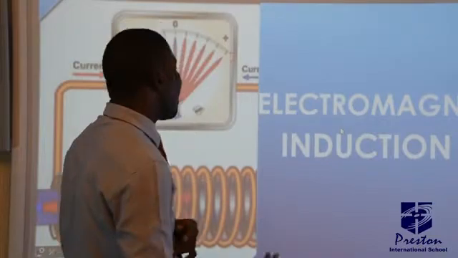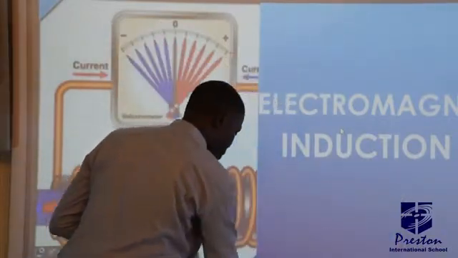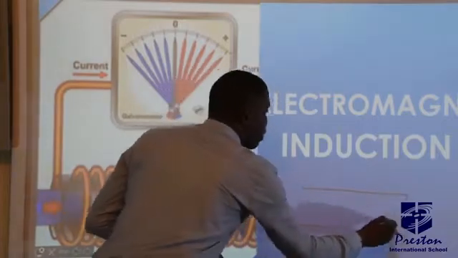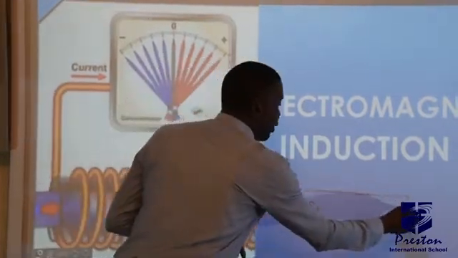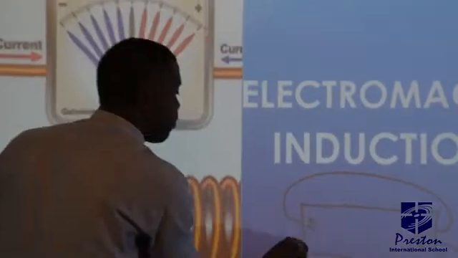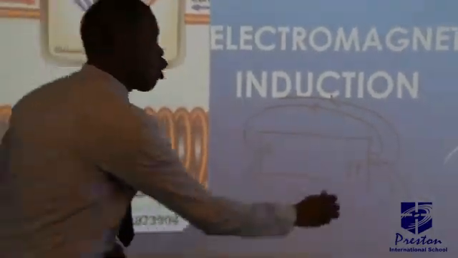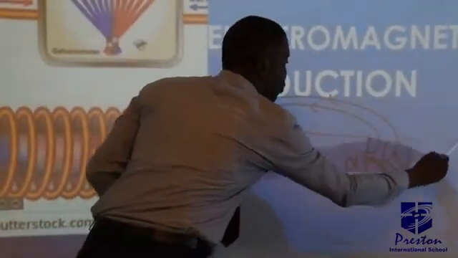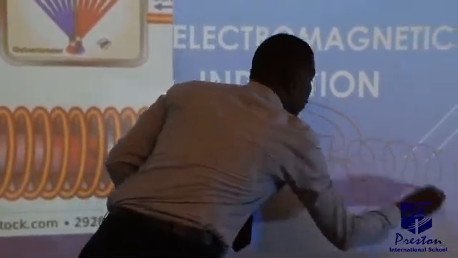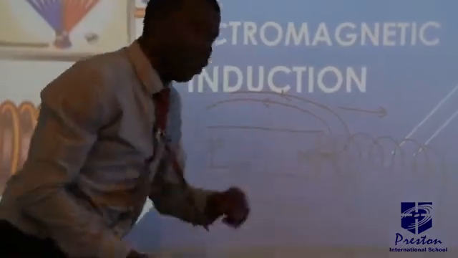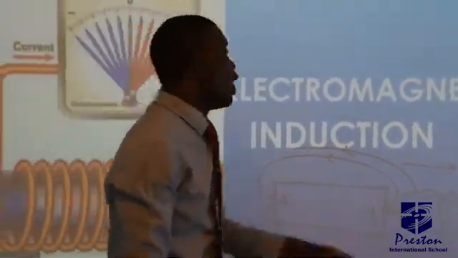Now, what actually happened? This is a magnet. Let us assume this is the north pole and this is the south pole of the magnet. You know that there is going to be a magnetic field like this. Anytime the magnetic field cuts the coil as we move the magnet, current will be induced in the coil, or say voltage will be induced in the coil.